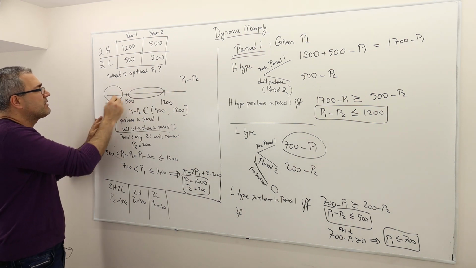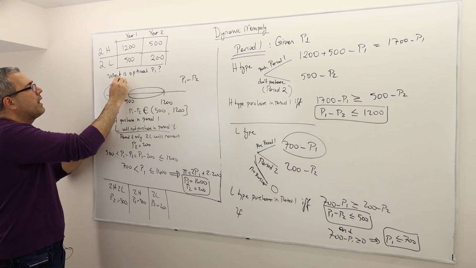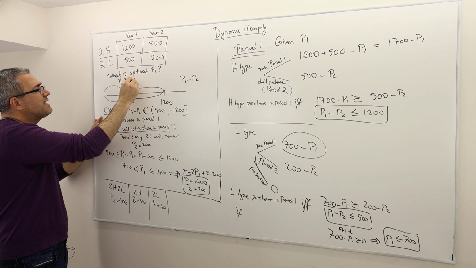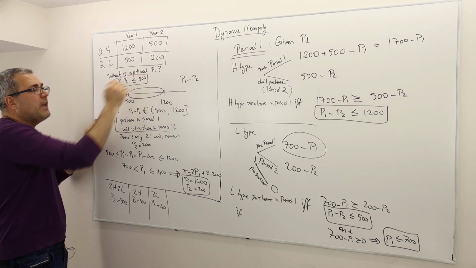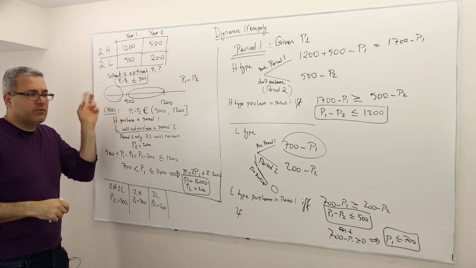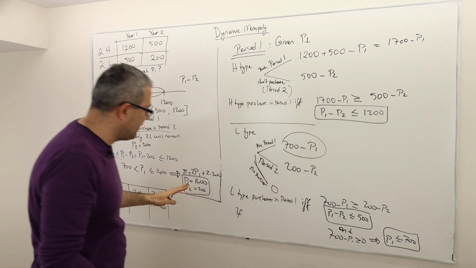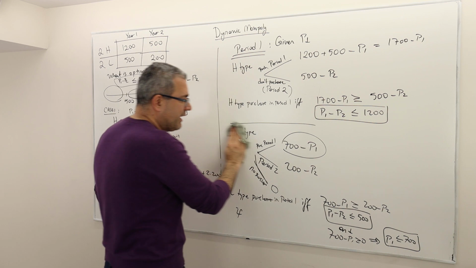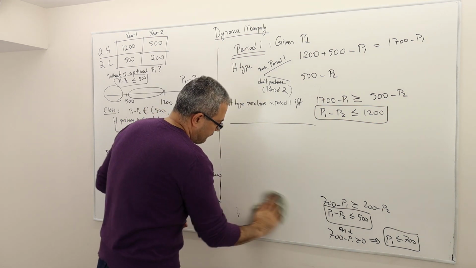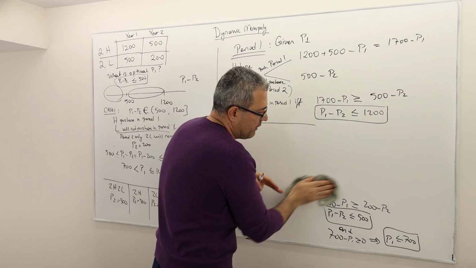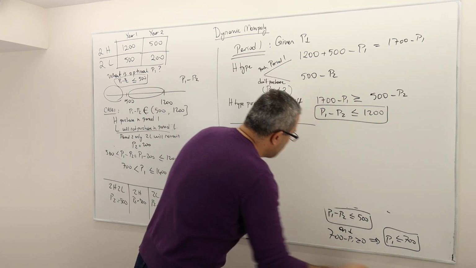Maybe it is in this range, meaning P1 minus P2 is in fact less than or equal to 500. Maybe equilibrium is there. You see what I mean? We have to check that. I mean, I know this is the equilibrium, but let's check that. So let's leave this guy here.